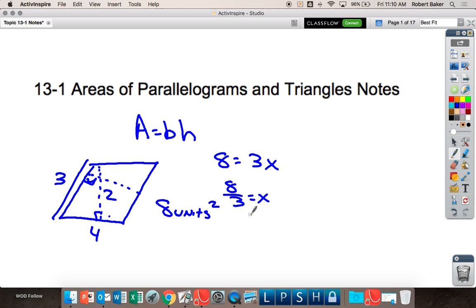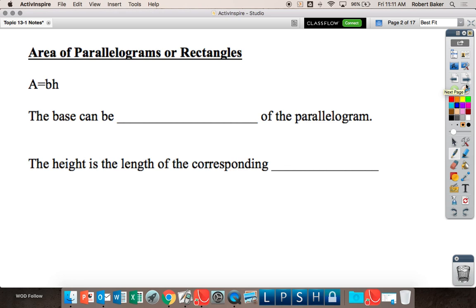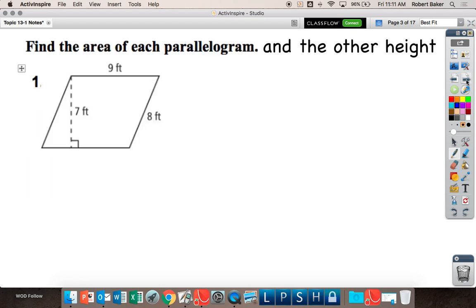And then for triangles, the area is 1/2 base times height. Your height is always the distance or the altitude of the corresponding side. So find the area of this parallelogram and find the other height. What 2 numbers do you have to use now to find the area?